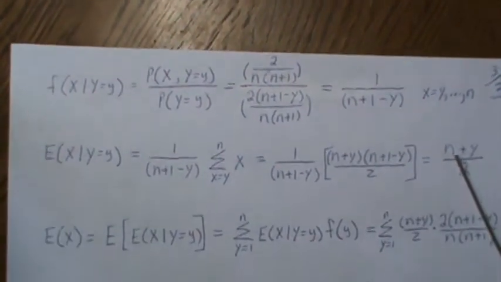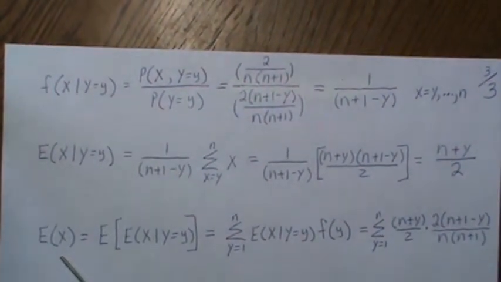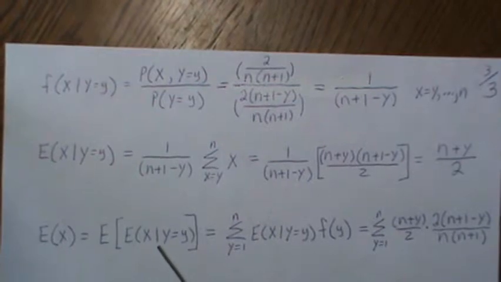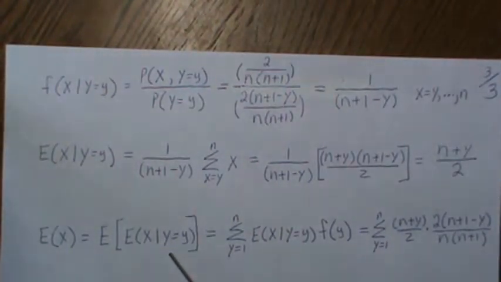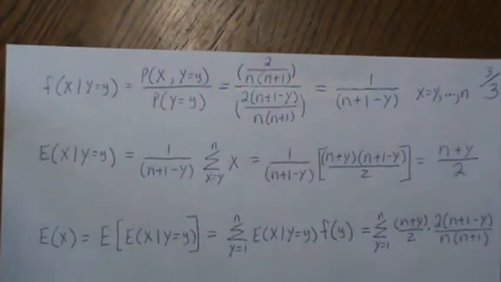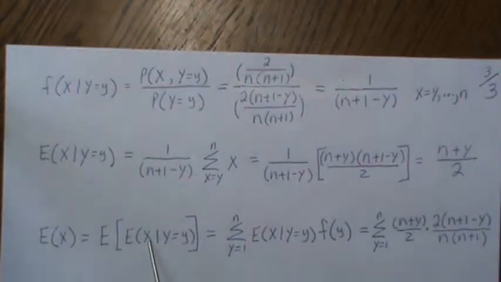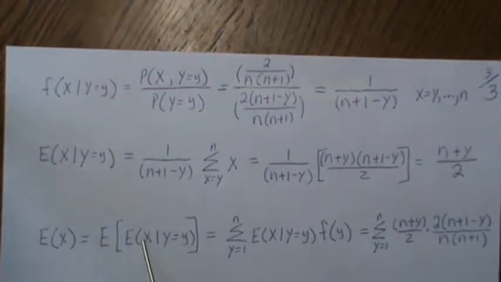Now, out of curiosity, we've all seen the formula, the expected value of x is equal to the expected value of the expected value of x given y. And let's calculate that to see if we get the same thing. Now, one subtlety, this right here, we're integrating out x, so there's no x's in this formula, so it's a function of y.